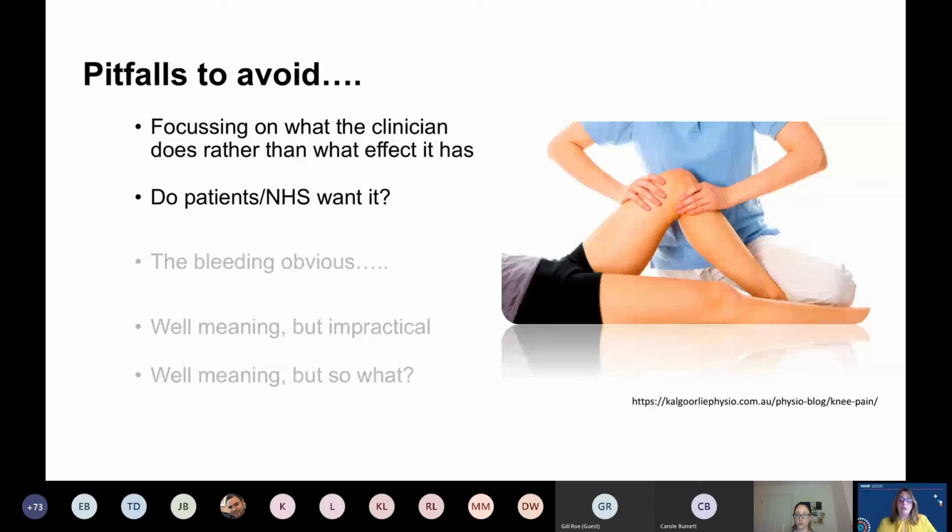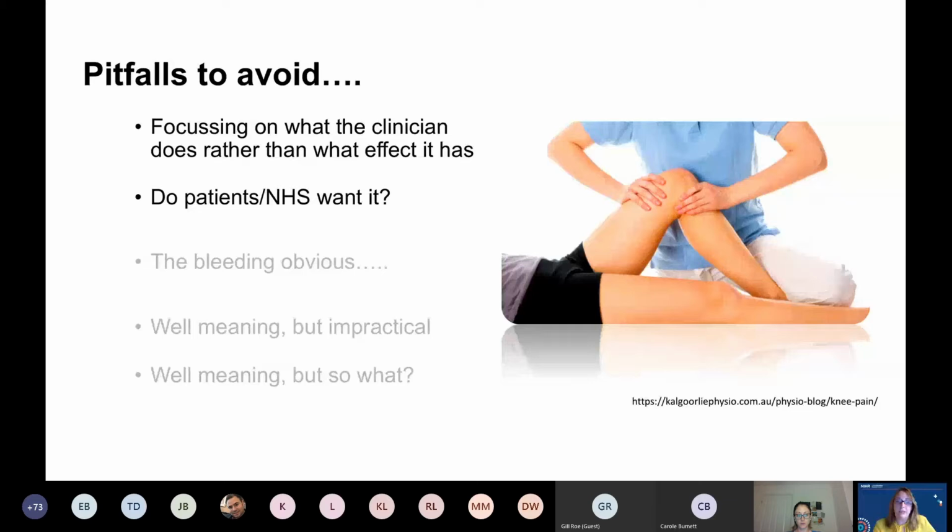So you need to ask yourself that question, and the ESCAPE trial is a great example. They have been very good at looking at how you implement that in terms of what's available and practical for the NHS, because they're certainly not going to see every patient with knee osteoarthritis weekly for a 12-week period.